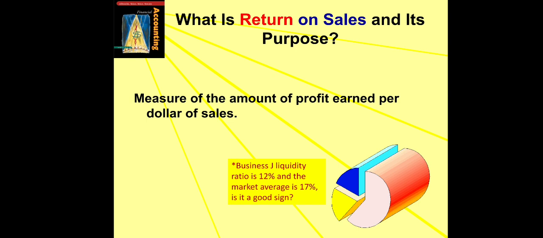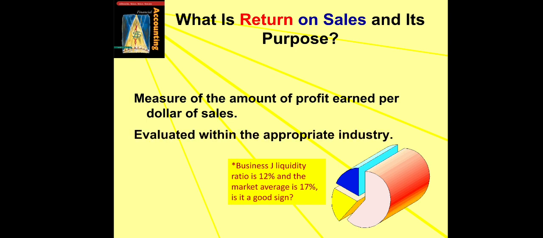It shows how many cents the business gets in profit from selling its product or services. For return on sales ratio, you will know whether the ratio is good or not if you compare the ratio of a business with the industry average.